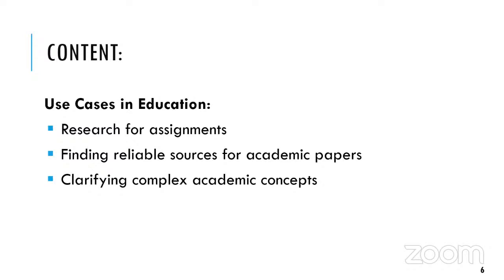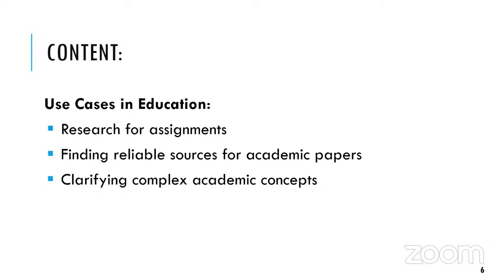Again, you can use Perplexity to find reliable sources for academic papers. If you want to write your papers, this is one place you can go to. And finally, you can clarify complex academic concepts.